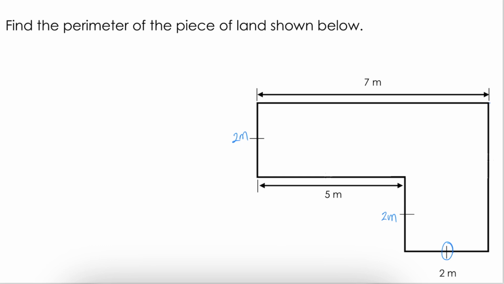And then after that, we also have to find one last missing side, which is this one that I will highlight with green. To get that missing side, we can take a look at the other sides on the opposite part of it.